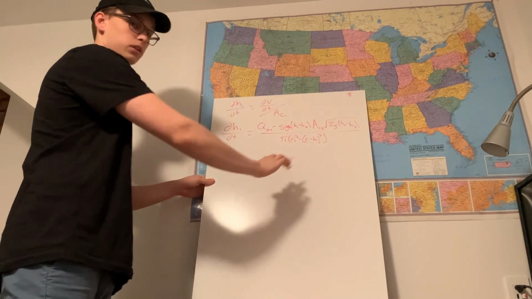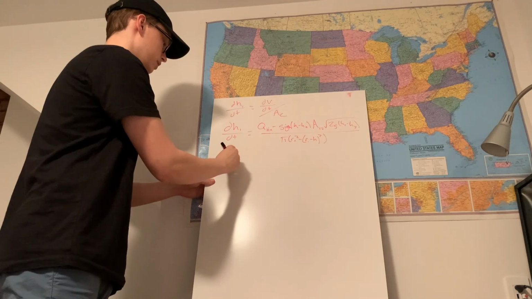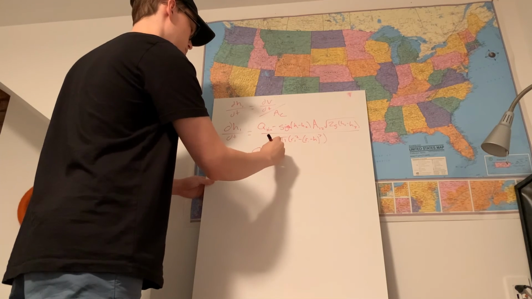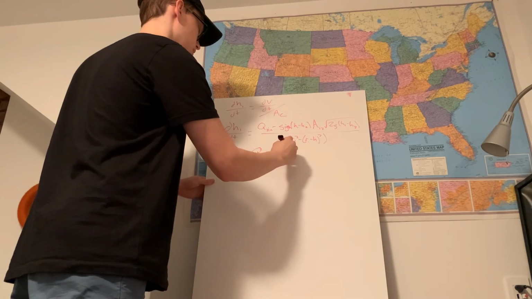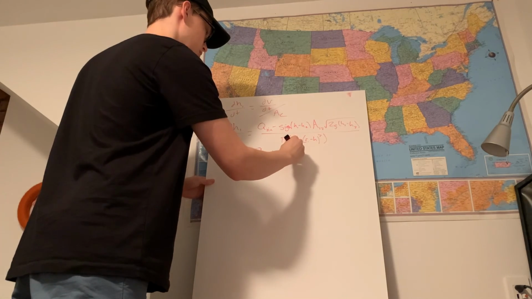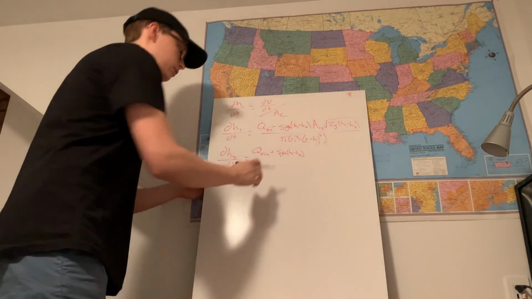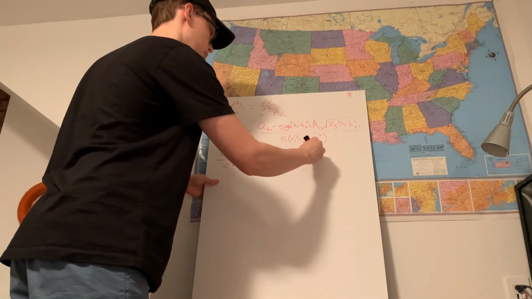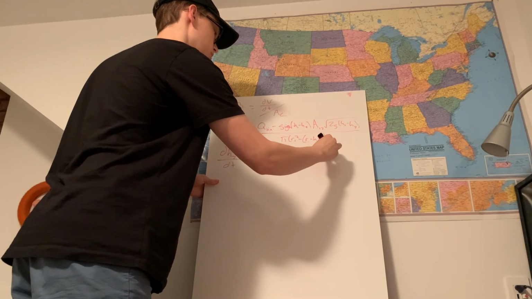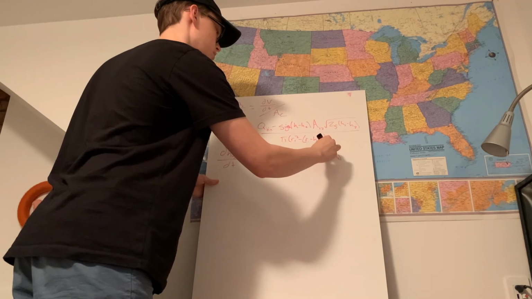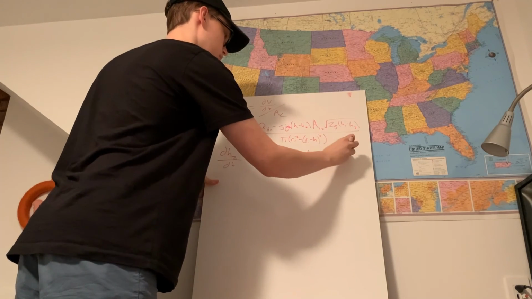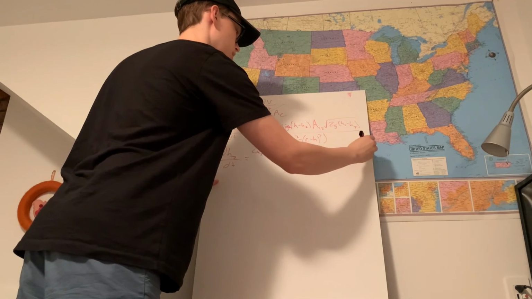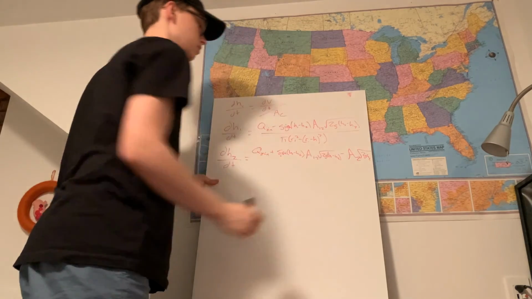I'm going to try to fit it all in one line. dH2 over dt is equal to Q2 in plus sine function. I already can tell I'm going to run out of room. H1 minus H2. Forgive me if this is a little small, but I'll be sure to say what I'm writing here. Our A12, 2G H1 minus H2, and that is then subtract our A2 and then 2G H2.